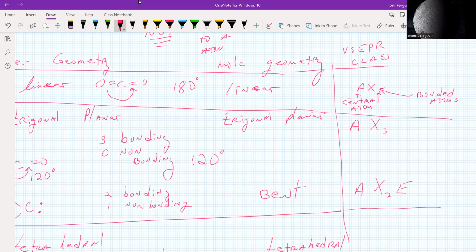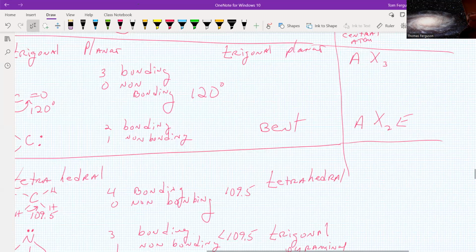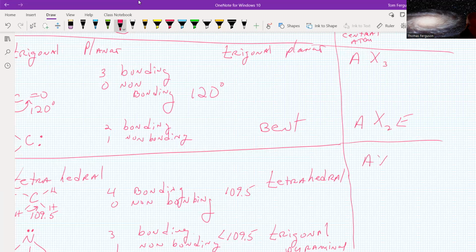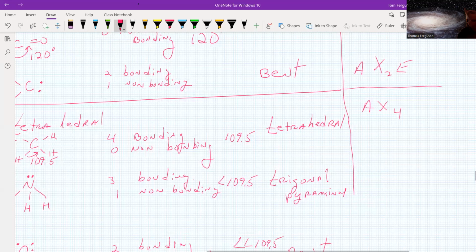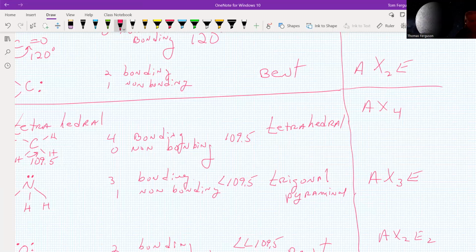So that's AX2E. For molecular geometry of tetrahedral, that's going to be AX4. For trigonal pyramidal, it's going to be AX3E. And for bent, it's going to be AX2E2.